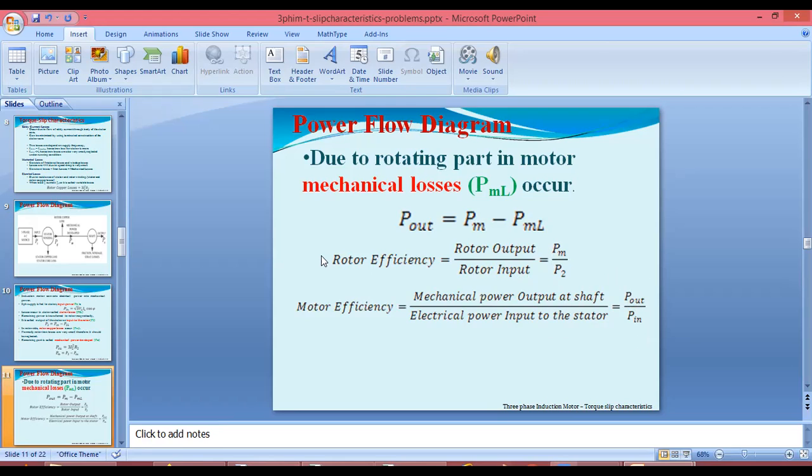When we are calculating rotor efficiency, you can talk about the rotor output and rotor input. But when we are supposed to find the efficiency of the motor, you are supposed to understand that we take the input power that we give to the stator, and we get the output power at the shaft, not at the rotor, not at the stator. We will get output power at the shaft.